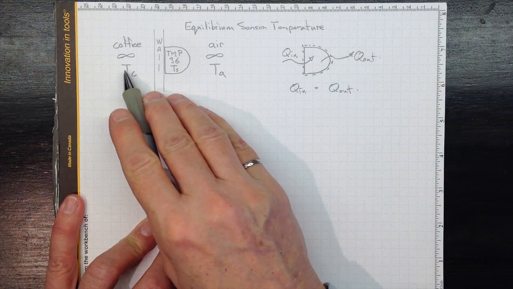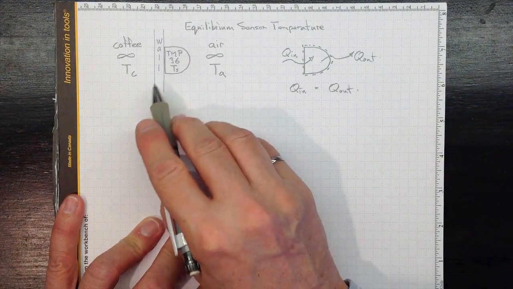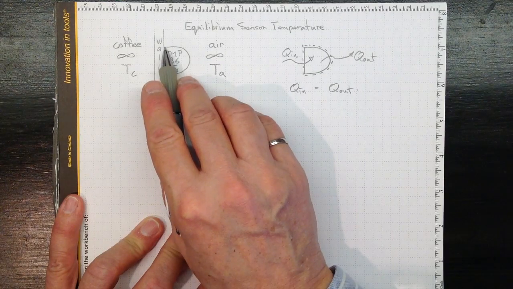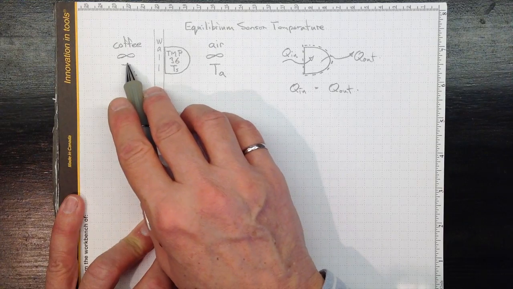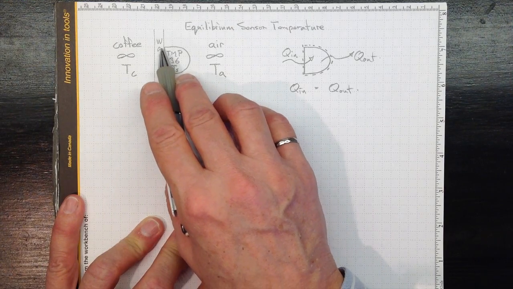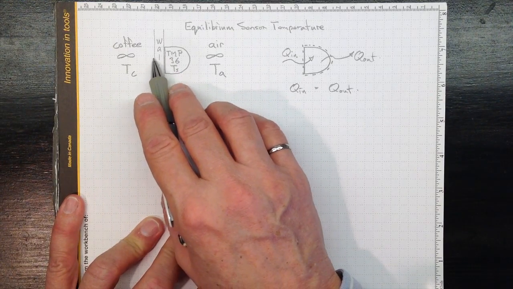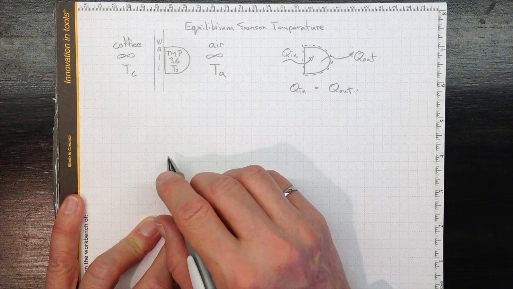The heat coming in depends on how much of this temperature sensor is in contact with the wall and eventually with the coffee, and how effective the wall and the gap in between are at transmitting energy into the temperature sensor.